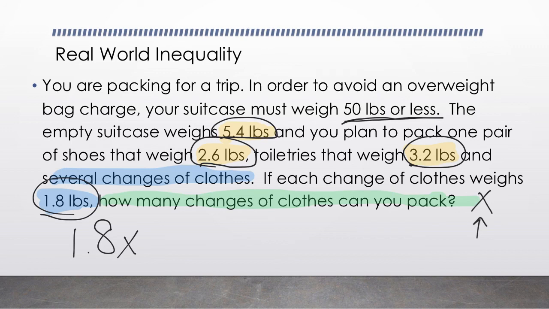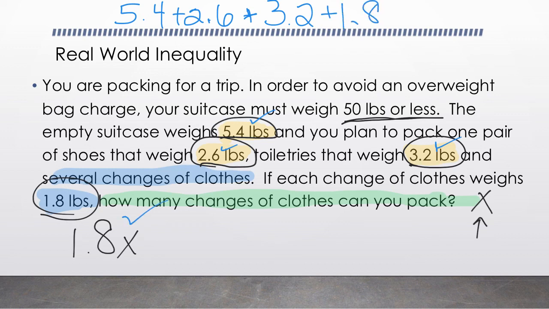So, let's try this equation. I'm going to say that 5.4, my empty suitcase, plus 2.6, my shoes, we check them off as I do them, plus 3.2, make sure you tell us plus 1.8x must be less than or equal to, because it can weigh 50 pounds or less.